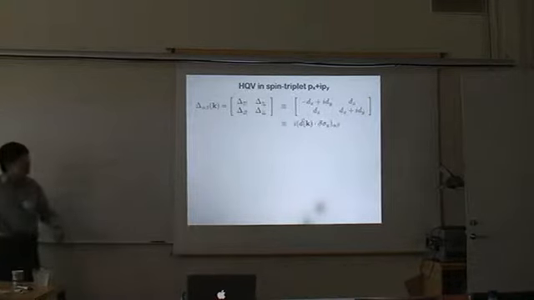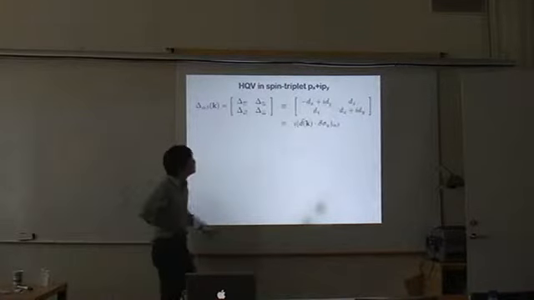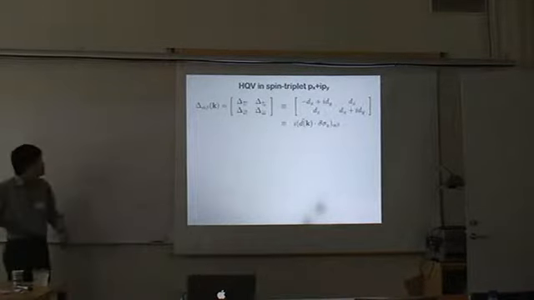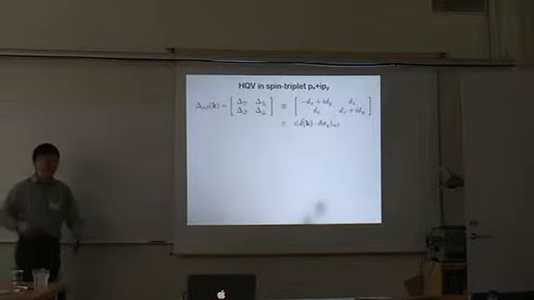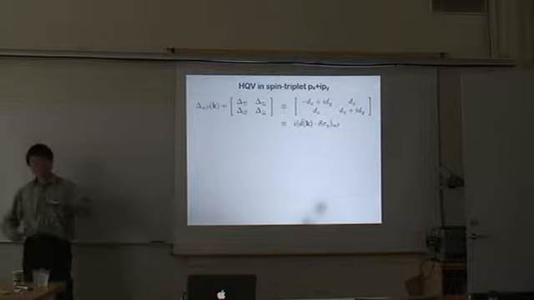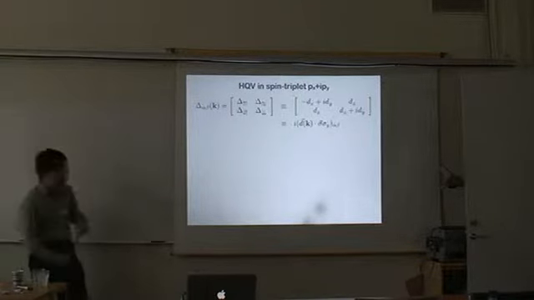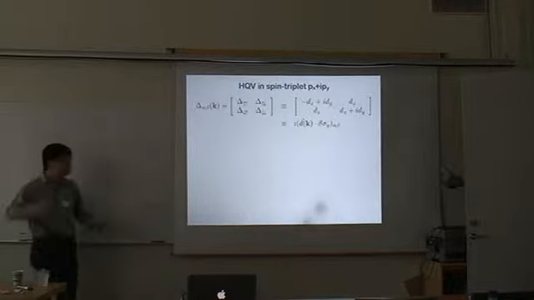And in the case that your condensate is not spin polarized, this D vector is going to be real. And for our purpose, let's concentrate on the case where this D vector is uniform in k space, or confined to a plane. I'll be mainly talking about the case where it's just uniform in k space.